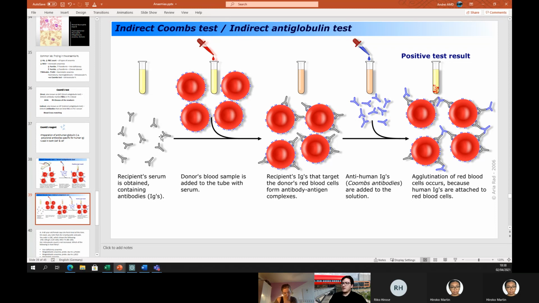They will take a sample of her blood, and basically they will separate the red blood cells and add it to the serum. If I have antibodies against those red blood cells, they would get bound, but nothing would happen at this moment. Then we add a little bit of the antibodies we produced in the lab, and then we get agglutination if she's a no match.